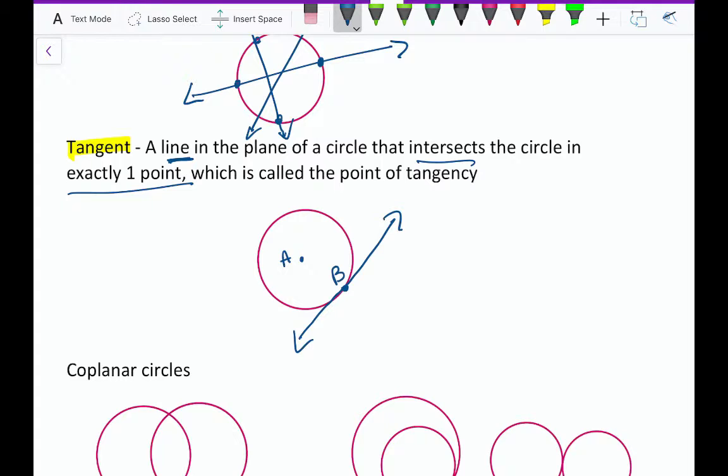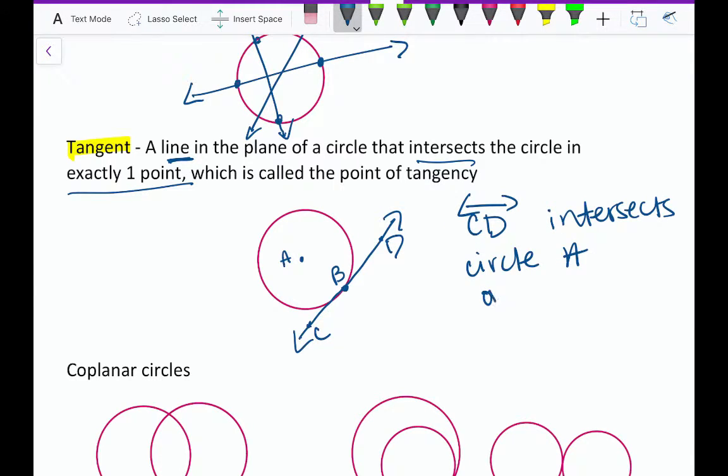But what you need to understand is that this line, we'll call this line CD or CB, line CD intersects the circle A only at B. It does not intersect anywhere else.